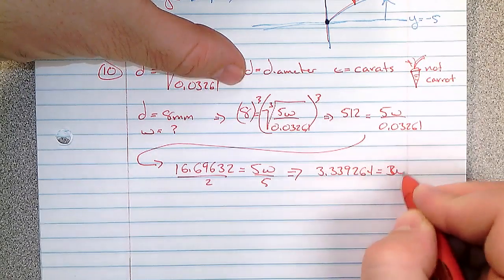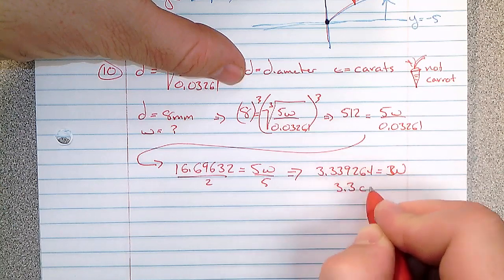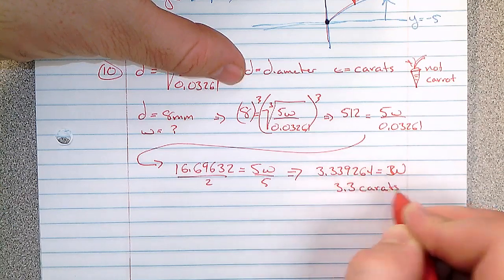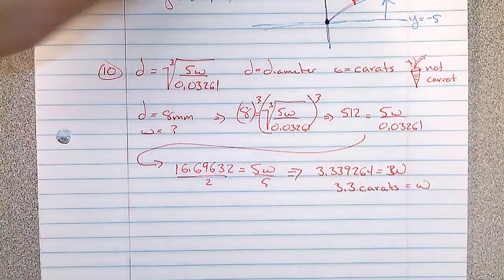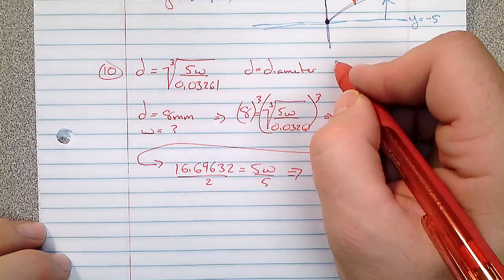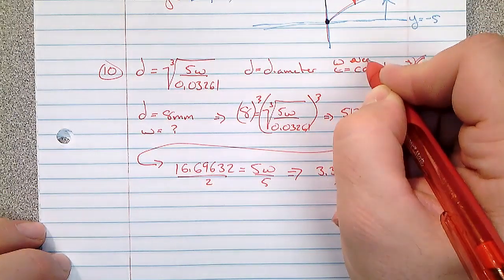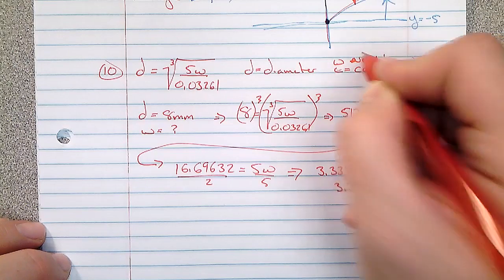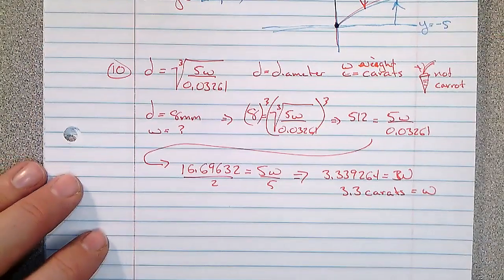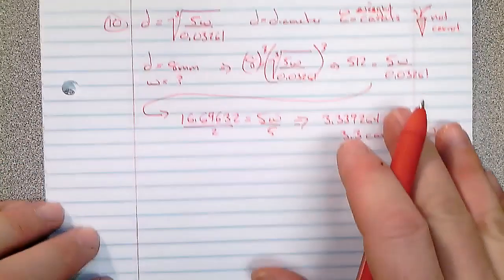So 3.3 carats is the weight. Whoops, it's weight. W equals carats. Oopsies. All right. Number 11.